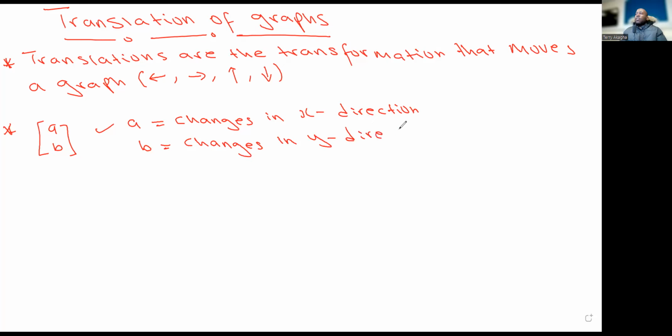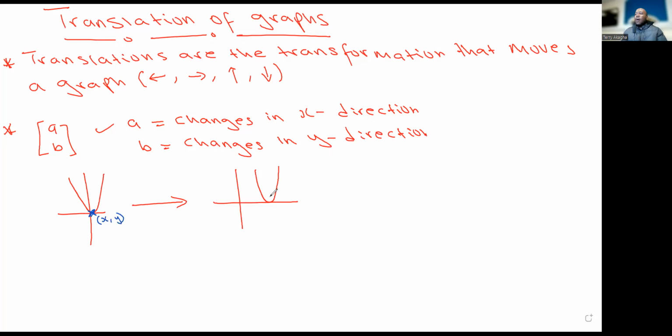So what I'm trying to say here is that, for instance, let's assume we have this graph, okay? And let's assume this graph underwent a translation, and then the graph is here. Now, if you look at this point, for instance, let's pick one point just to explain. Let's assume this point here has an x and y.